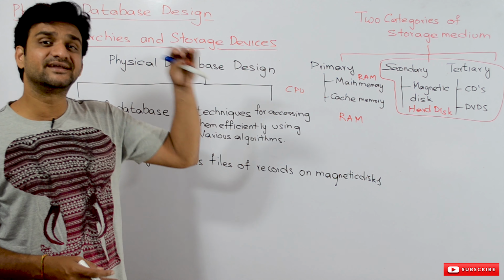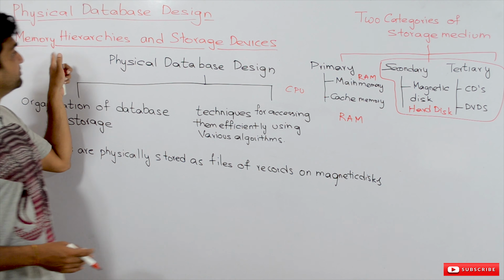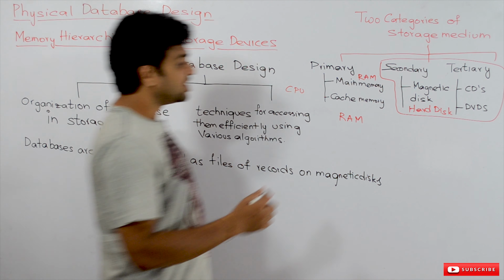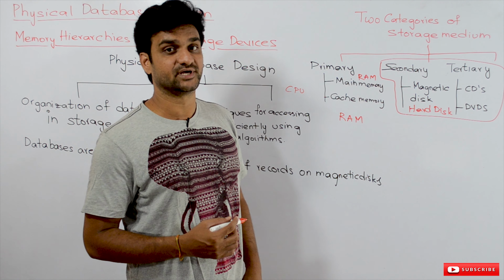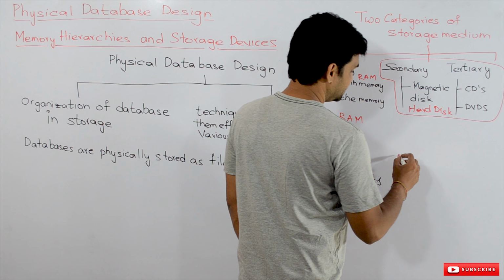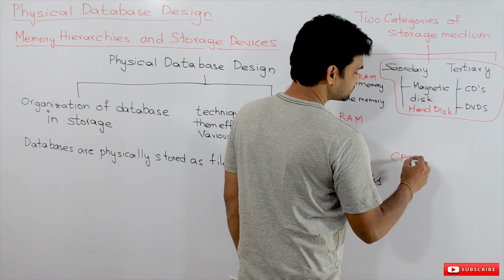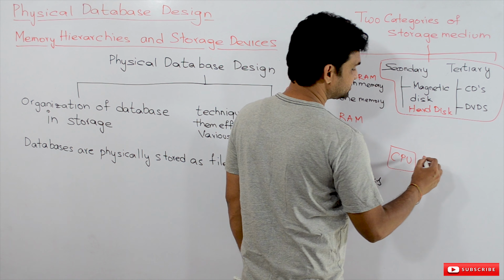So what is the hierarchy of the memory? Memory hierarchy means how these memories are organized on a computer. Let us try to understand that. Take the CPU, the central processing unit.